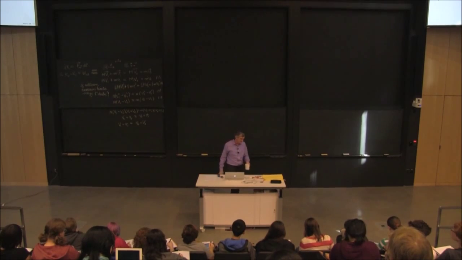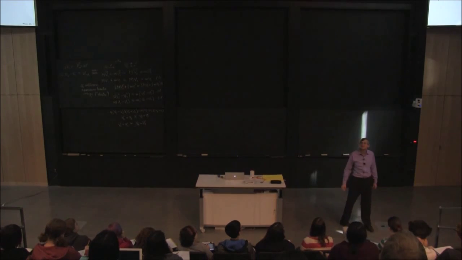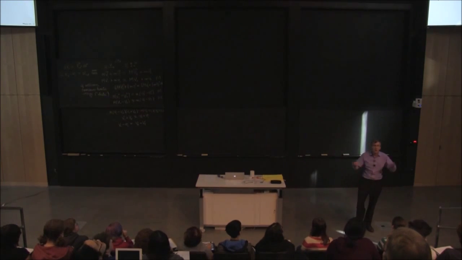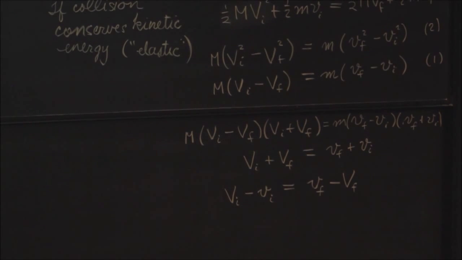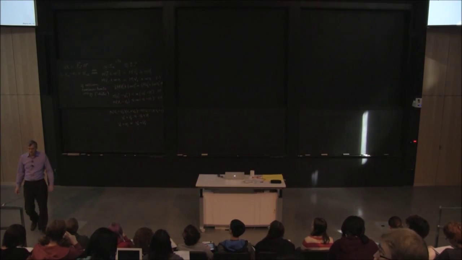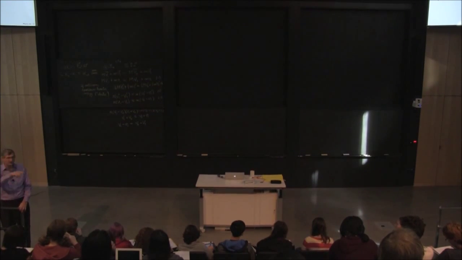Because with a verbal description, you'll hang on to it way better than with an algebraic description. She says that the relative velocity between the two objects remains the same. She says maybe it's the relative. What do you think about that? Yeah, she agrees.